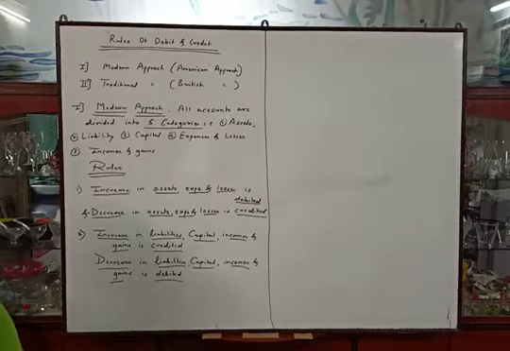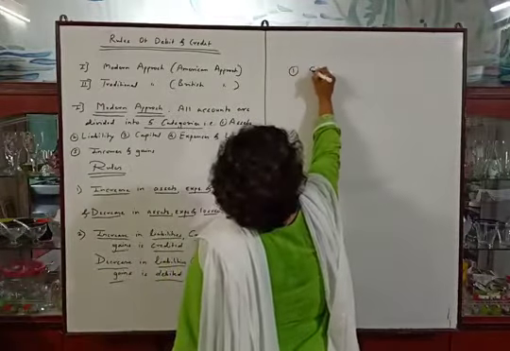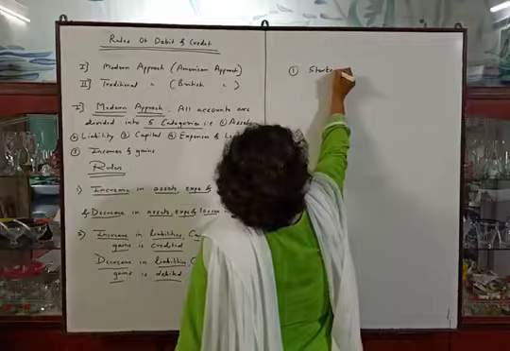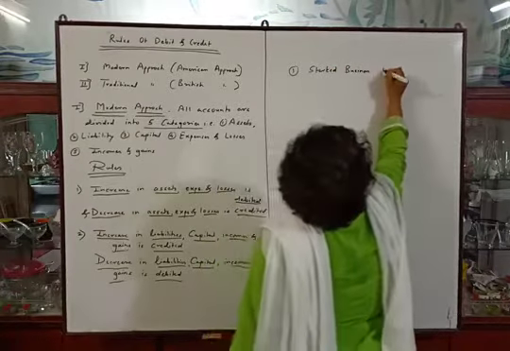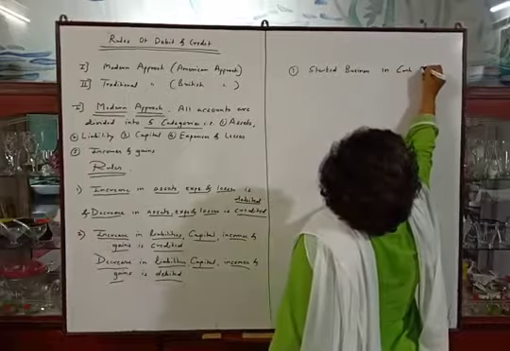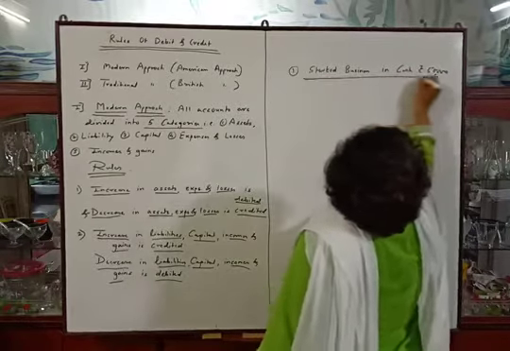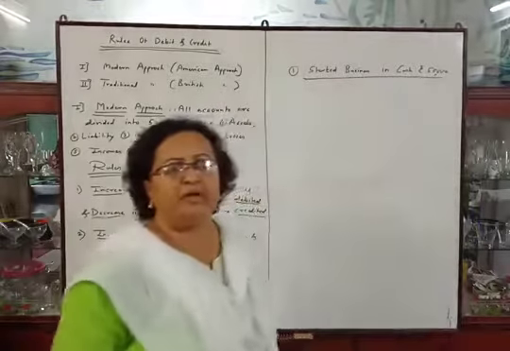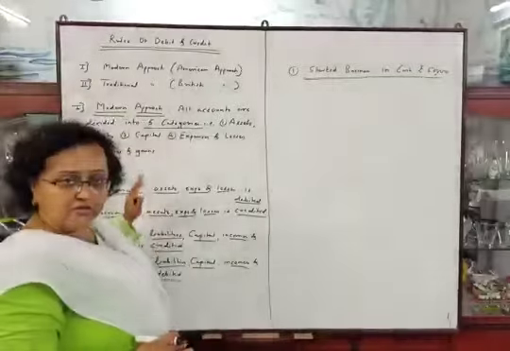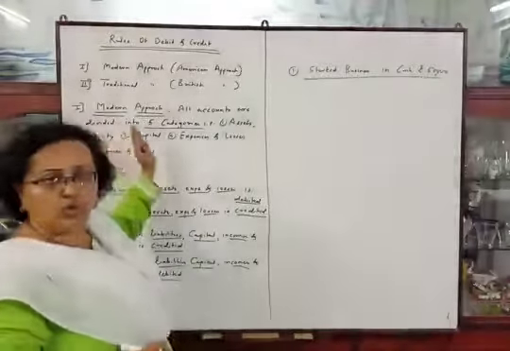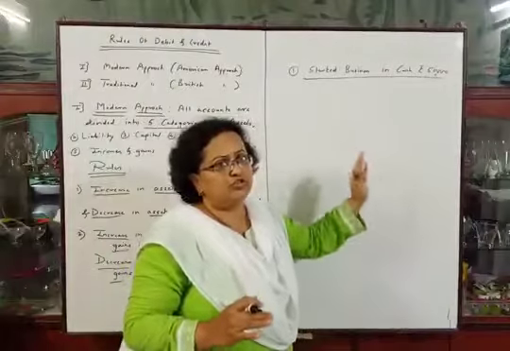Let's take the first transaction: started business in cash, rupees 50,000. This is a business transaction. Now by applying these rules, we will decide debit and credit of the accounts involved in this transaction.